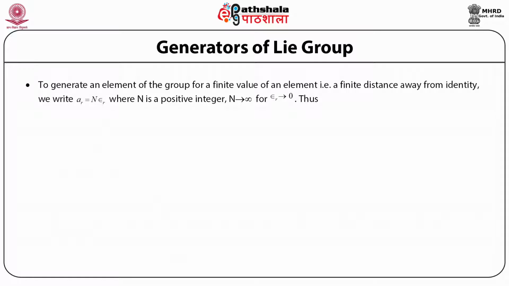If we take n going to infinity, for epsilon r going to 0, we can generate the element for a finite value a r. Thus, the element for a finite value a r of the Lie group for all other parameters 0, namely A(0, ..., a r, ..., 0), can be obtained from the infinitesimal element multiplied n times. So this is equal to A(0, ..., epsilon r, ..., 0) raised to the power n.